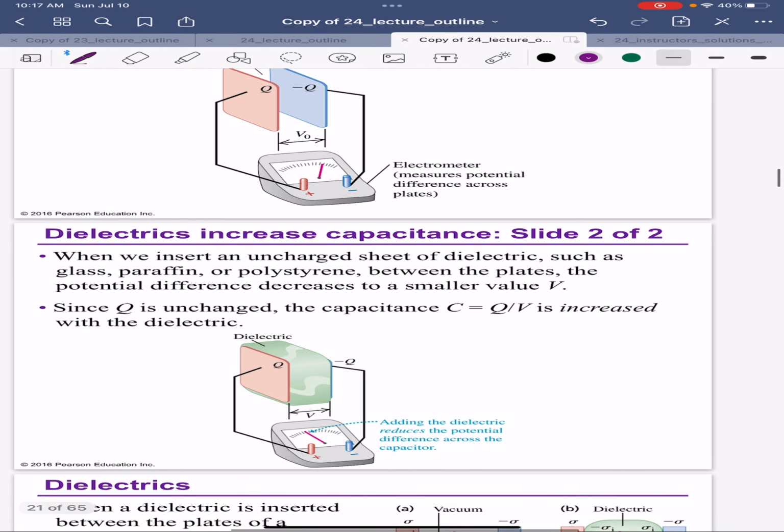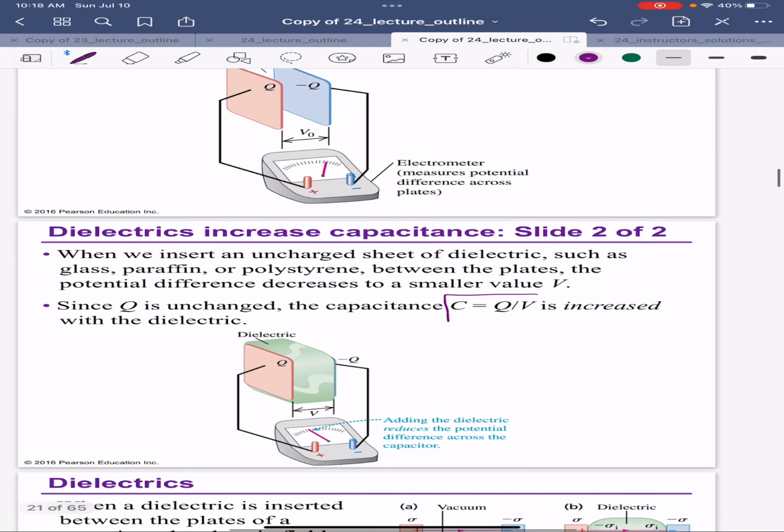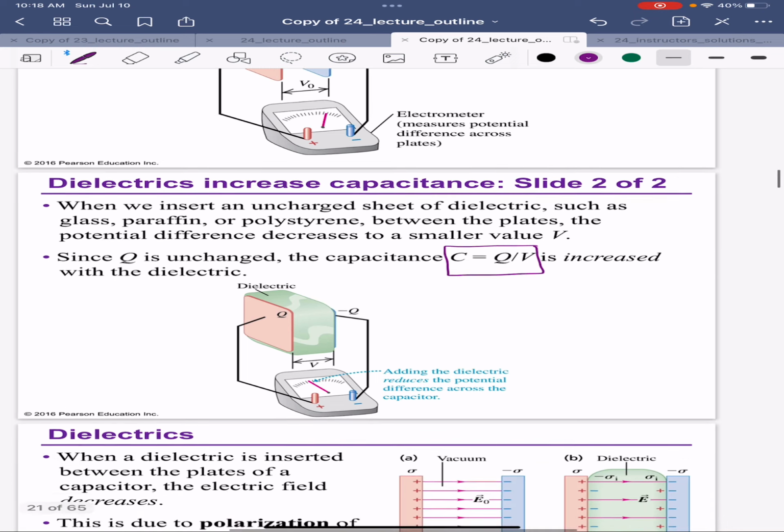When we insert an uncharged sheet of dielectric, like paraffin, glass, Teflon, like we will solve in the problem, or polystyrene, between the plates, the potential difference decreases to a smaller value V. This is because of the induced charge that will be created on the dielectric, and therefore is going to make the total voltage decrease, and Q is unchanged. Therefore, the capacitance C, the ability to store charge, is increased with the dielectric.